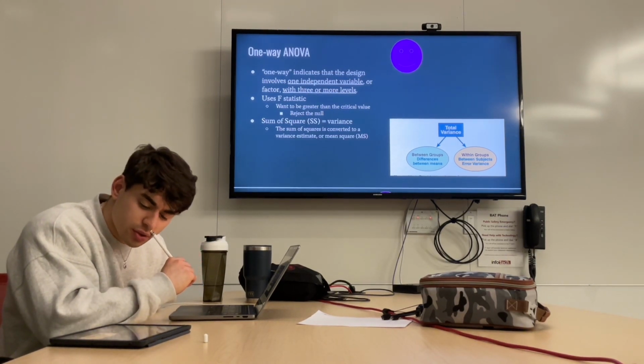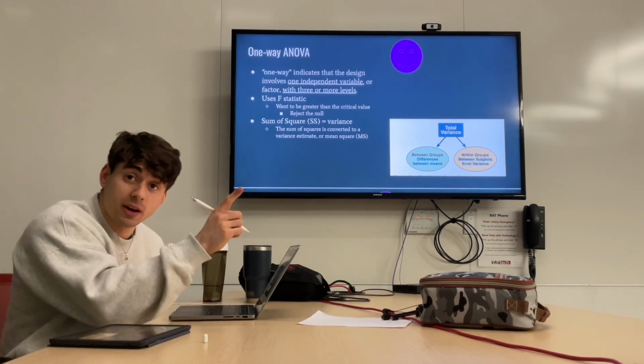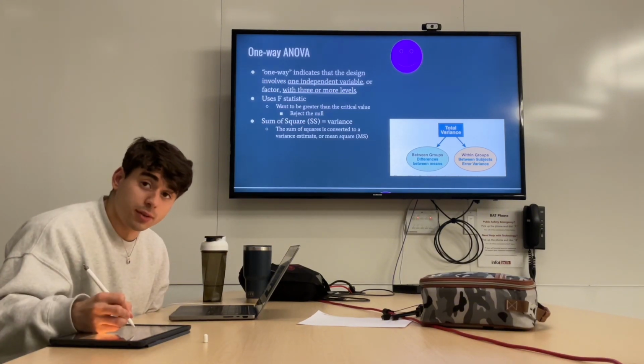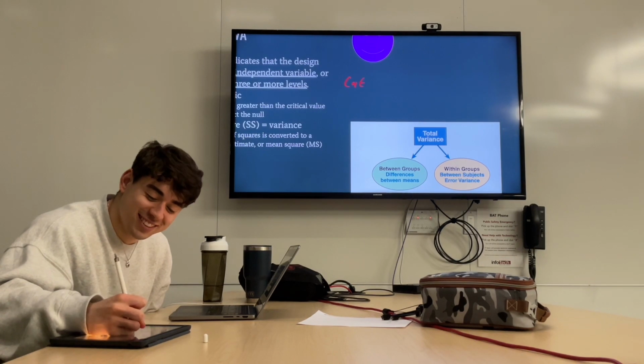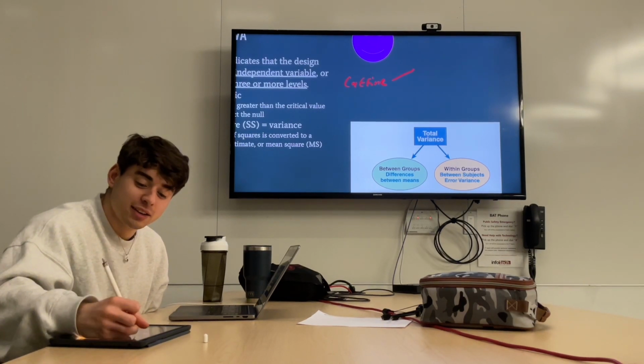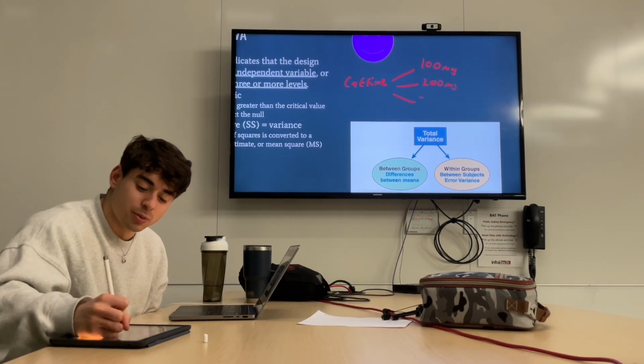Okay. One-way ANOVA. This is when it involves 1 independent variable but 3 or more levels. So, say you have caffeine at 100 milligrams, 200 milligrams, or 300 milligrams.